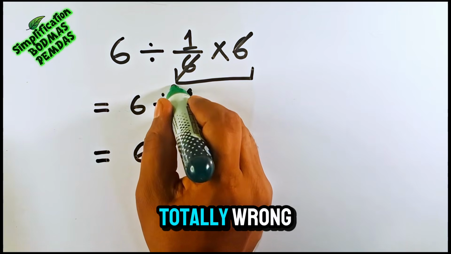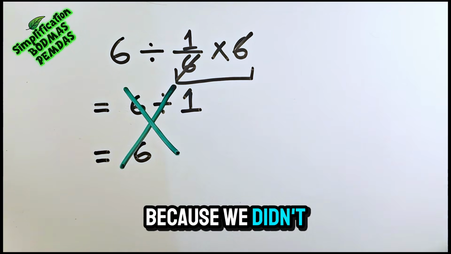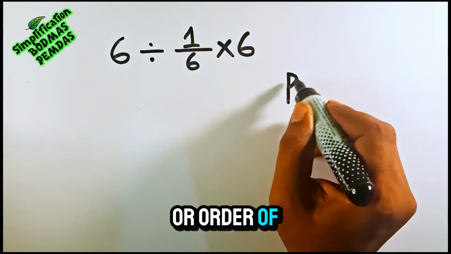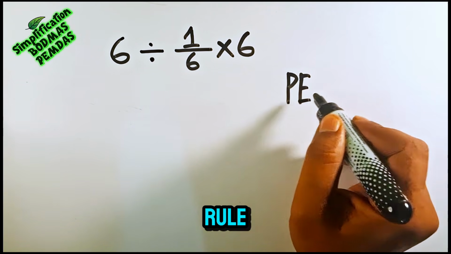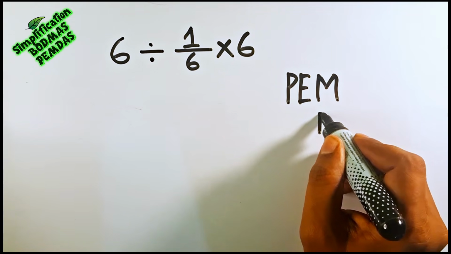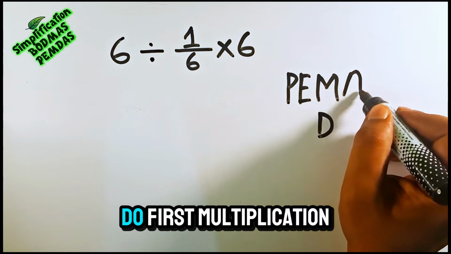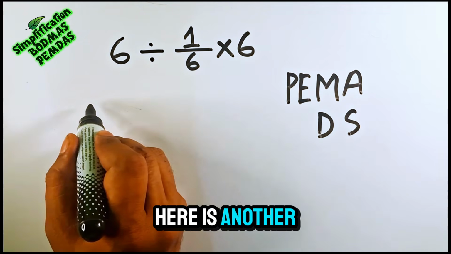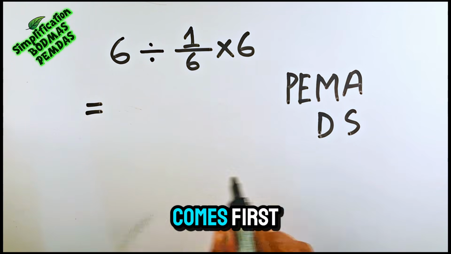But it is totally wrong because we didn't follow the PEMDAS rule, or order of operations, or BODMAS rule. According to the BODMAS or PEMDAS rule, you have to do first multiplication or division. Here is another rule: what comes first?